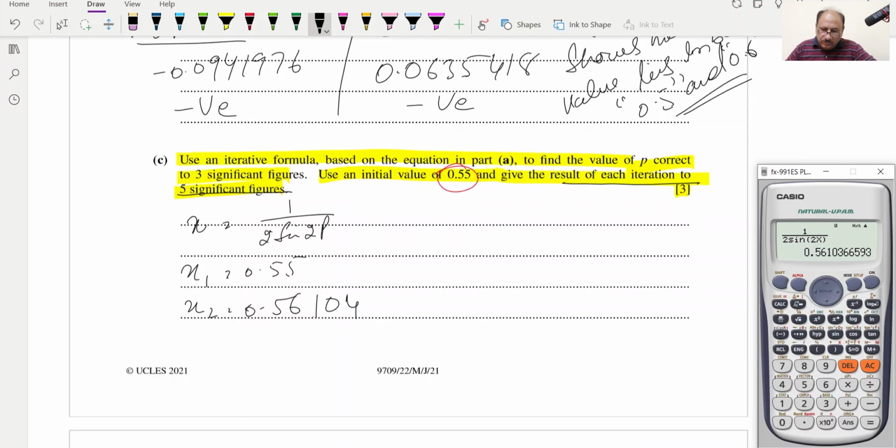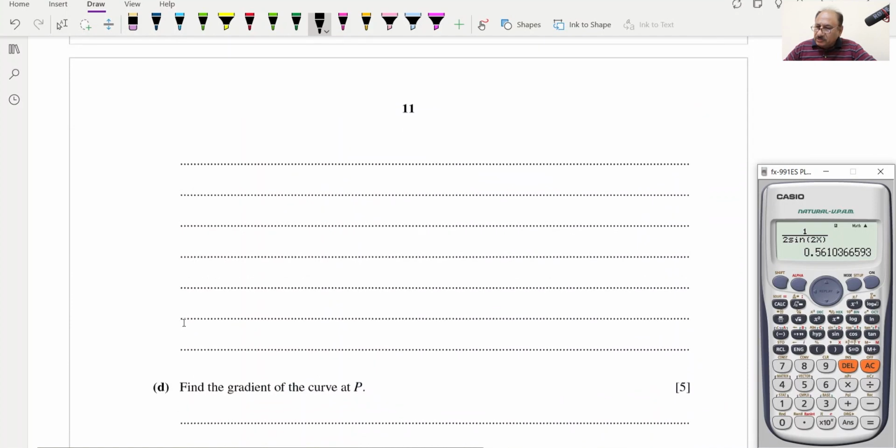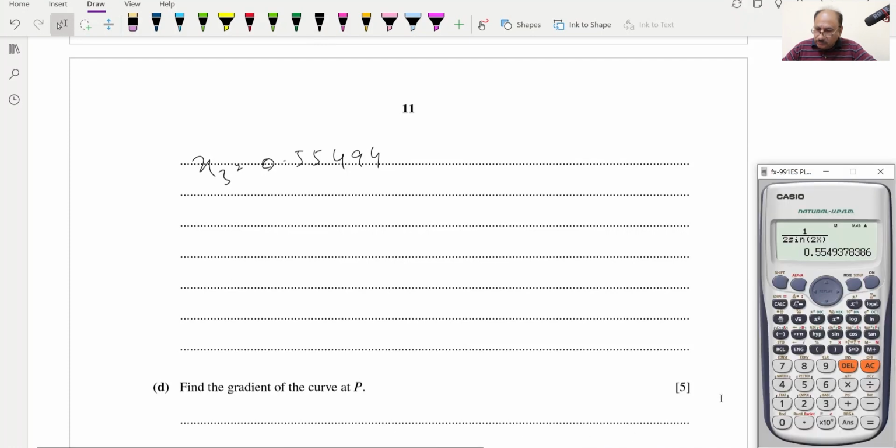So the next value will be x3. We can use the next page over here, your space is provided. So calculate for answer, and this will be equal to 0.55494, and this will be the x3 value. Now we can go for the x4 value also.